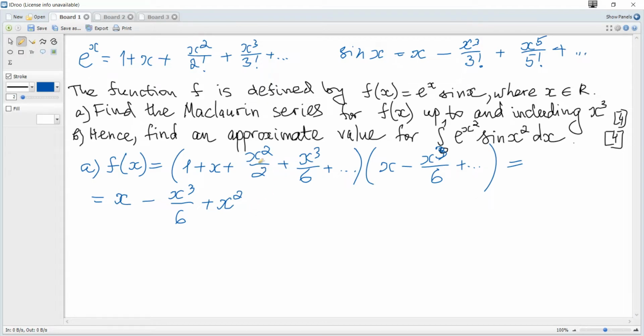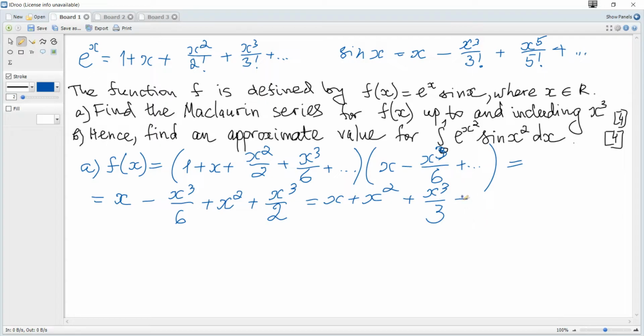And x squared over 2 times x is plus x cubed over 2, and that's all. Other terms will be power of 4 or greater, which is not required. Hence, we can simplify and finally write that it is equal to x plus x squared plus x cubed over 3 plus so on.